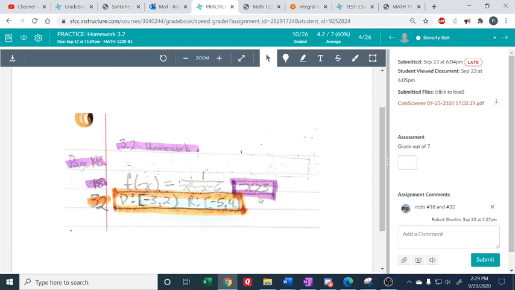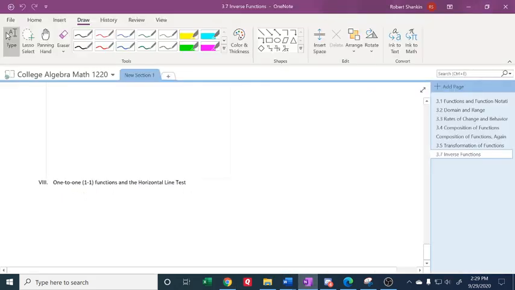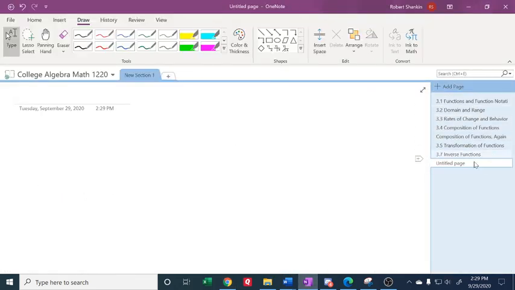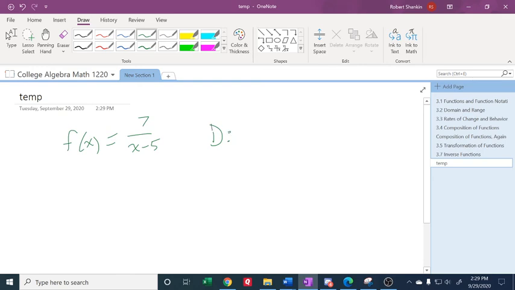All right, and let me go to here so we get a fresh screen. We'll just call this temp. All right. If I have this function, what's my domain going to be for this?